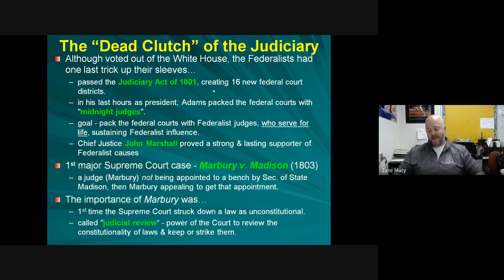Well, if the outgoing president's a Republican and the incoming president's a Democrat, the Republican Party as a whole wants those positions, and the appointments made by a Republican president are going to tend to be conservative judges.